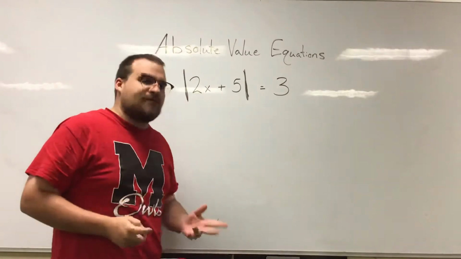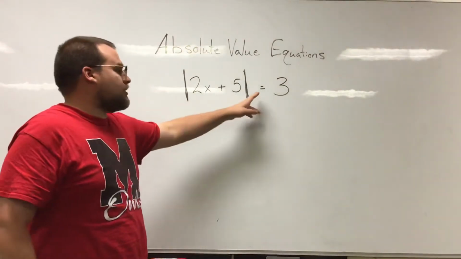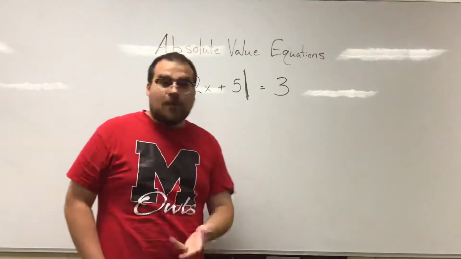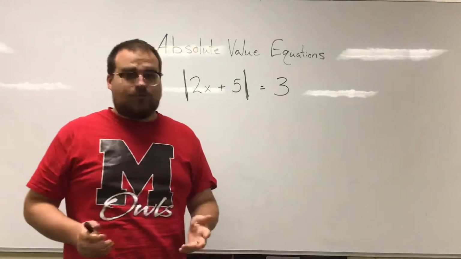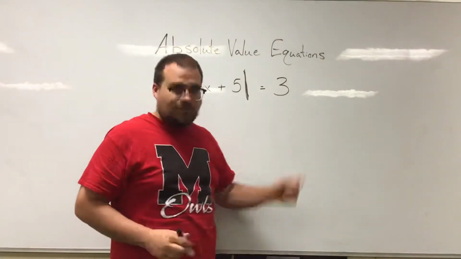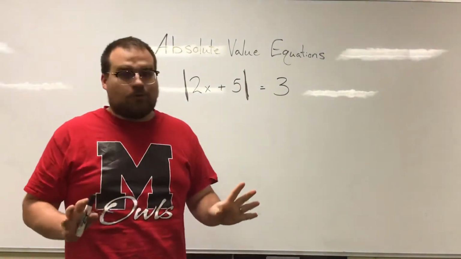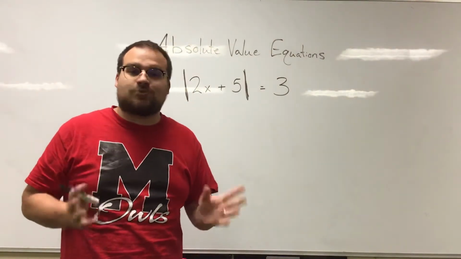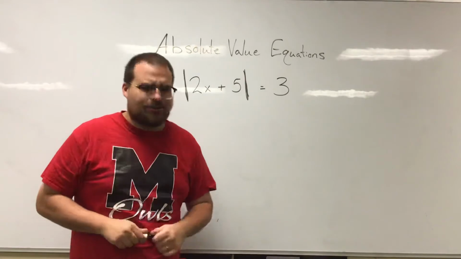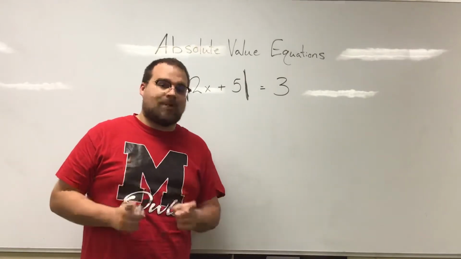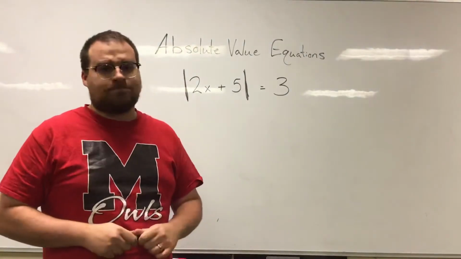So because of that, absolute value equations can only equal positive numbers. If you ever see an absolute value equation that equals a negative number, something's probably going wrong. You probably don't have an actual solution. It's just trying to trick you because absolute value must be positive, right?